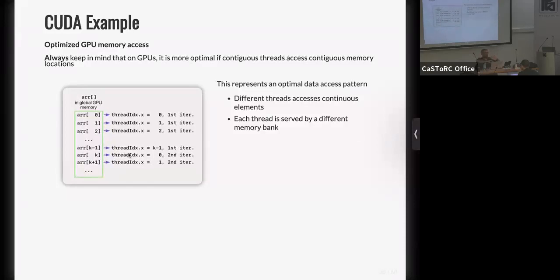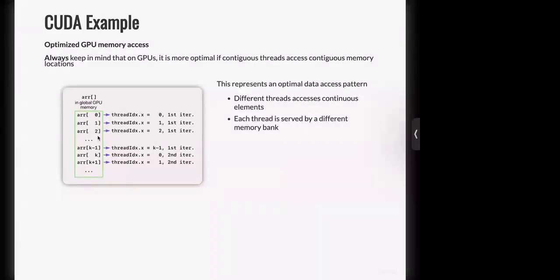So you want thread 0 to access the 0th element in the first iteration, and you want the next element of the array to be accessed by a different thread in the same iteration, and so on. You basically transpose the operation. So instead of one thread doing continuous accesses, you want one thread to jump.